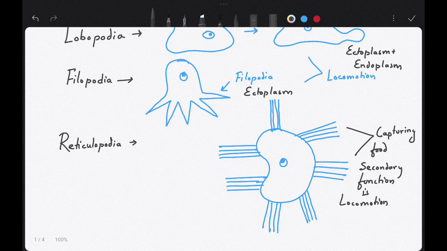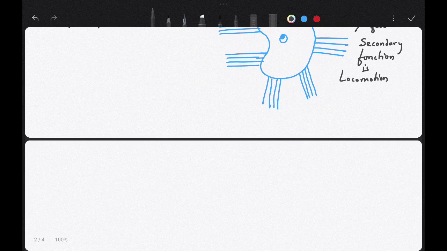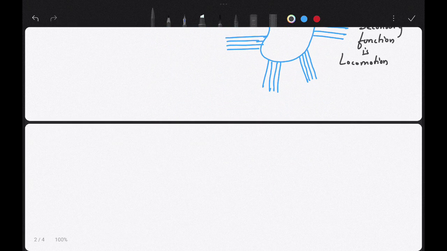Now next is exopodia. Now let us learn about exopodia. In them, the pseudopodia is many needle-like. Suppose this is the structure.